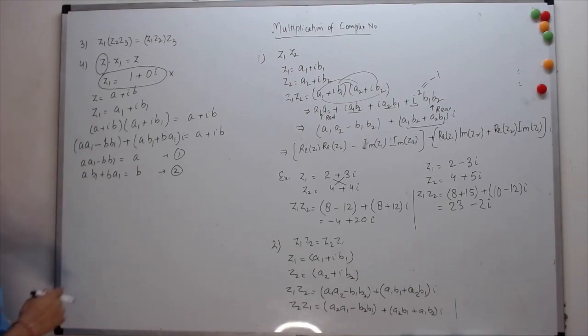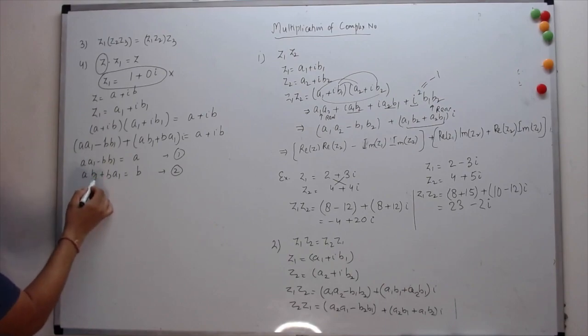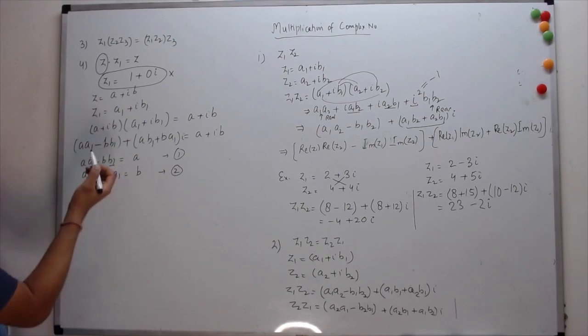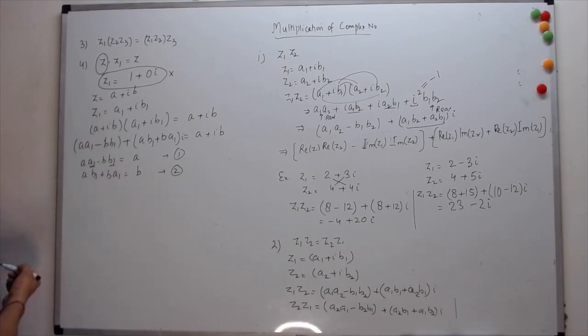Now we can solve for a1 and b1 from this. If I were to calculate the value of a1, I need to get rid of b1, so I can use the elimination method.